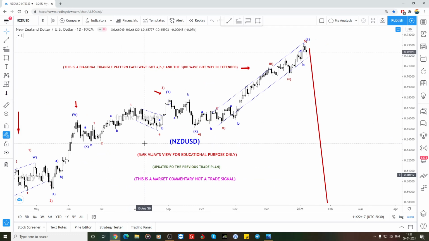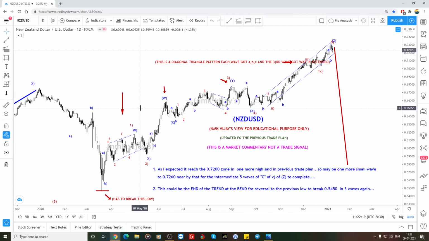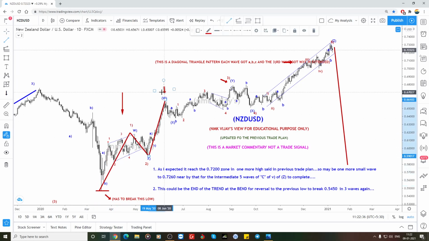So okay, let's go on to the New Zealand dollar. Here also it's a B and C, so that is why I have marked it as a W. So X, A, B, C. So this is the bigger W. The whole thing is in the bigger picture a B and C, so that is why we have marked it as a W here.